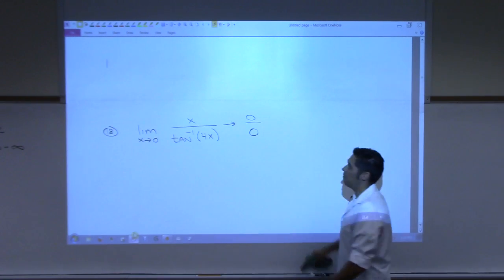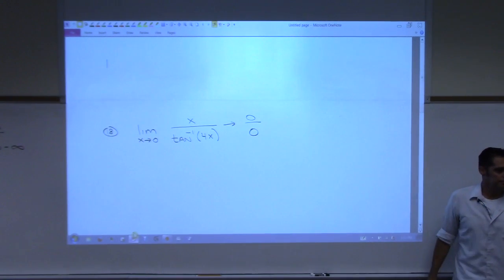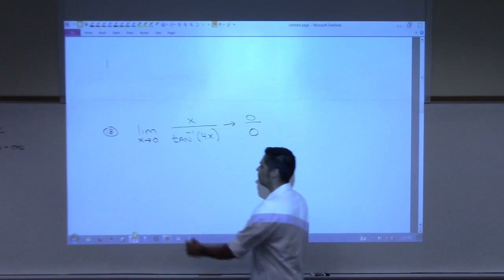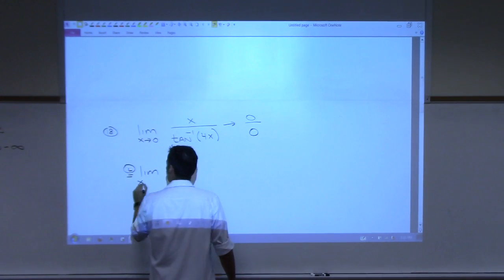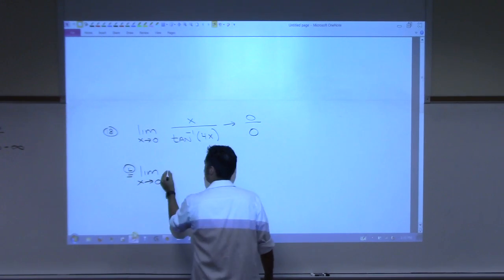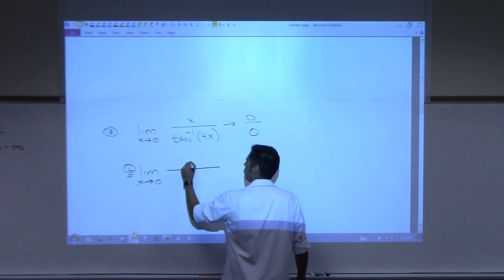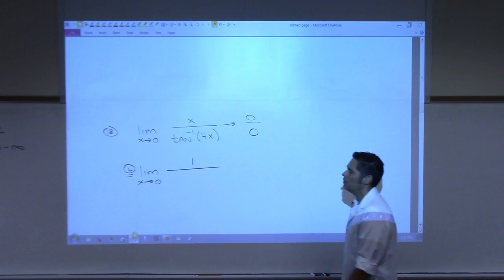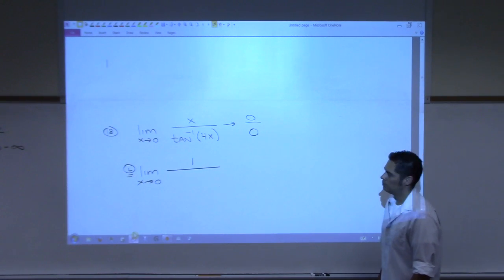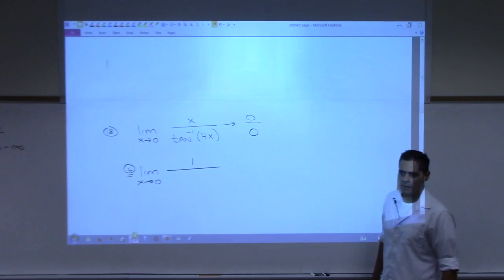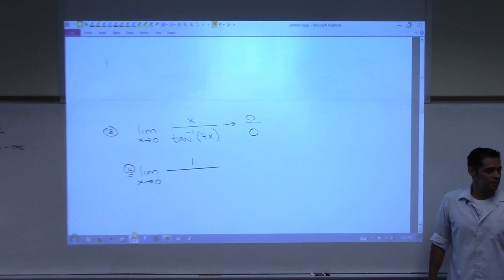All right, back to this. We have 0 over 0, which means we can do what? L'Hopital. Derivative of the top, 1. Derivative of the bottom, that's going to be some chain rule, isn't it?